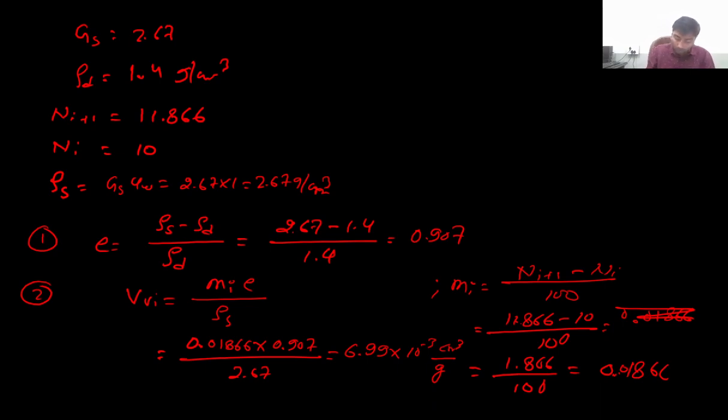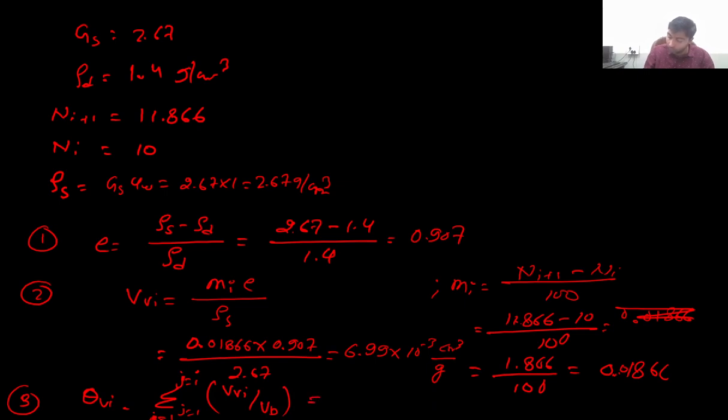After that, we will need to determine the value of volumetric water content. The volumetric water content can be determined by the formula theta Vi is equal to the summation from J equal to I to N of VVI upon VB, this bulk volume. And this VVI we already know.